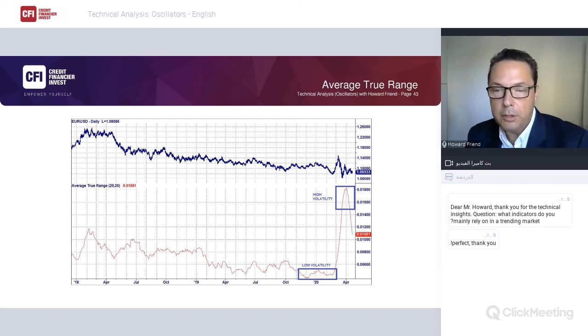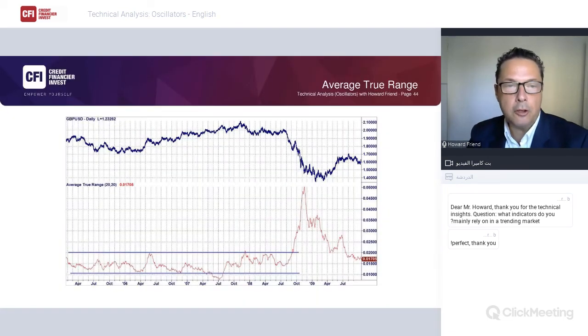But then we got the explosion in volatility in Q1, and you can see there euro dollar started to see big gyrations in price, not so much in trend, but more in two-way action. And the average daily range expanded very, very sharply. So you saw a contraction in volatility, followed by an increase in volatility, which obviously gave you an indication as to what one should do with stop losses.